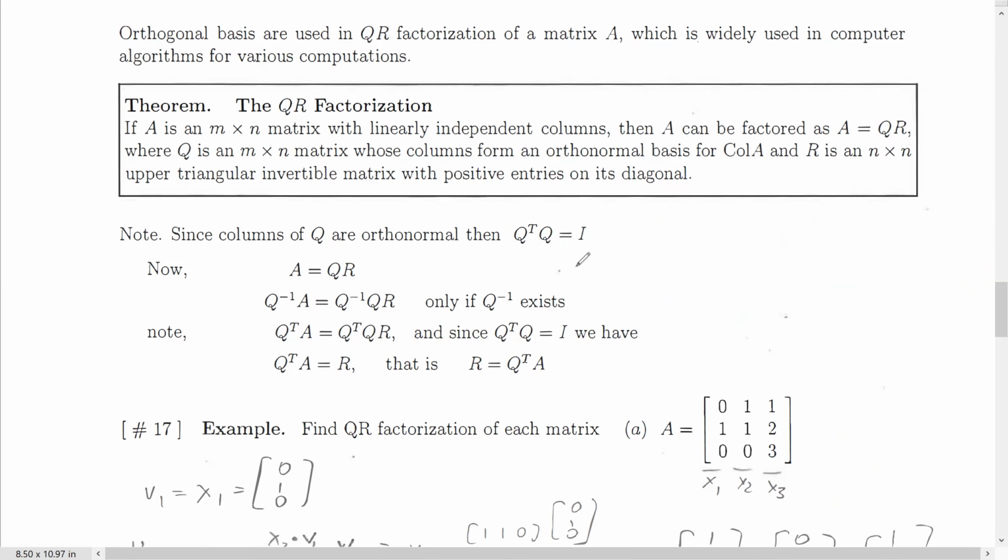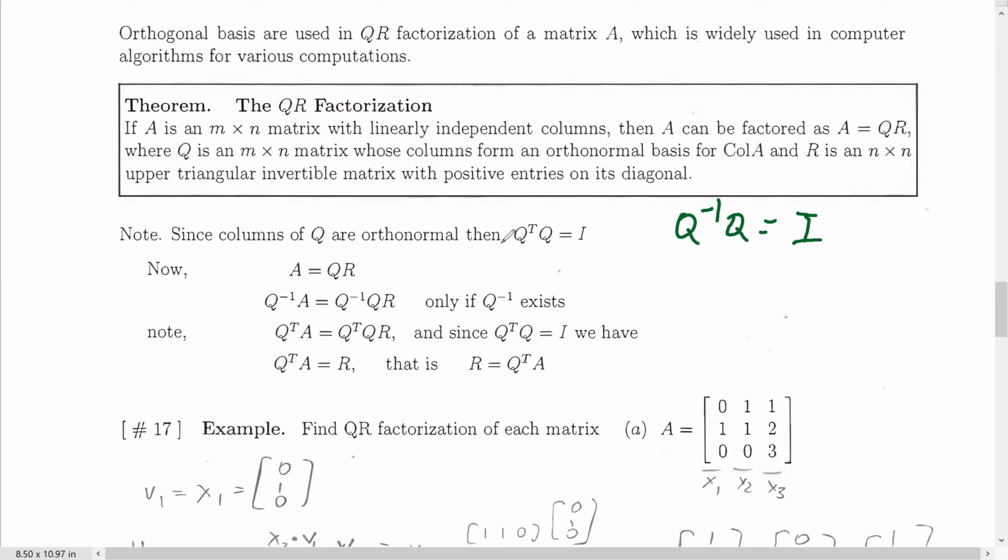Okay, moving on. If we are convinced that for a matrix that has orthonormal columns we have this situation, then Q transpose Q is identity. We know that Q inverse times Q is equal to identity, right? For any matrix multiplication, if you get identity, we call it the inverse.